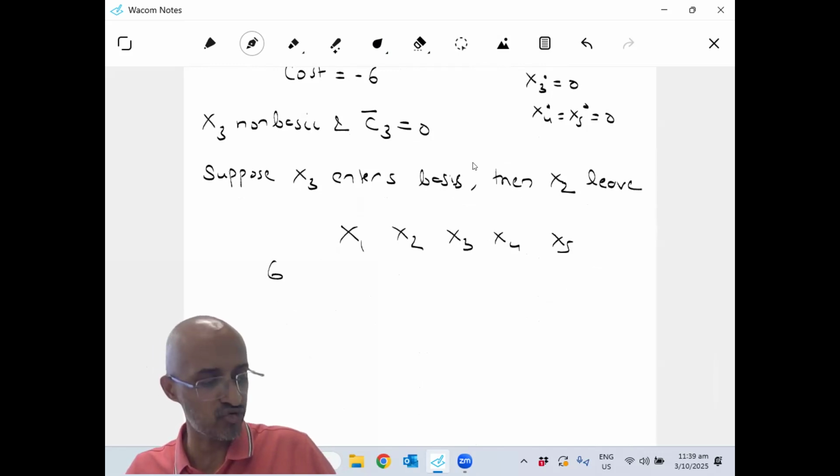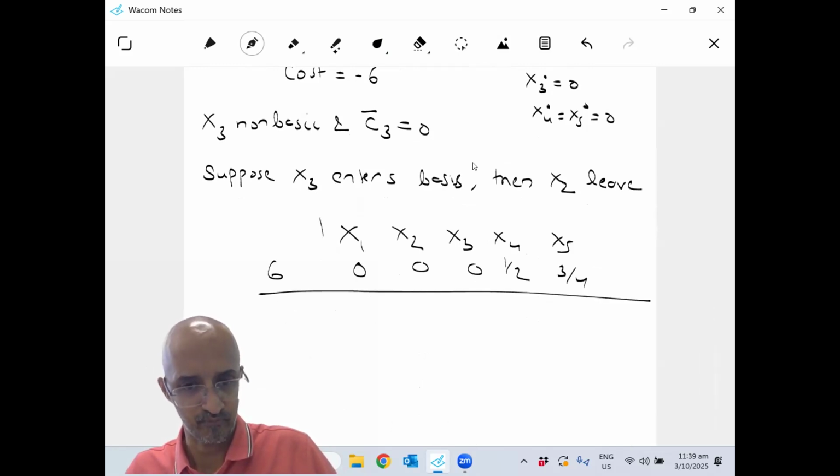again, you can do the row operations on your own, I assume. You will get x1 now, x3 has entered my basis. I get 1, 4, 1, 0.